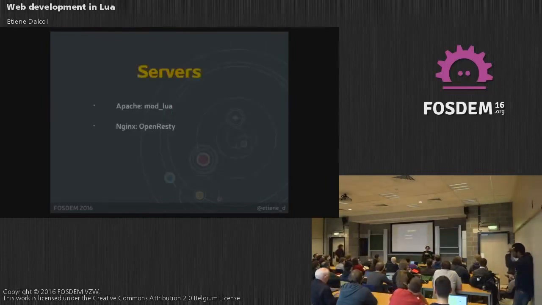You are able to use Lua with different web servers, including Apache. Apache has an extension for it called ModLua that allows you to run Lua scripts over the Apache server. Nginx has a special distribution, OpenResty. OpenResty is not a specific module, it's like a bundle of modules packed together with Nginx.